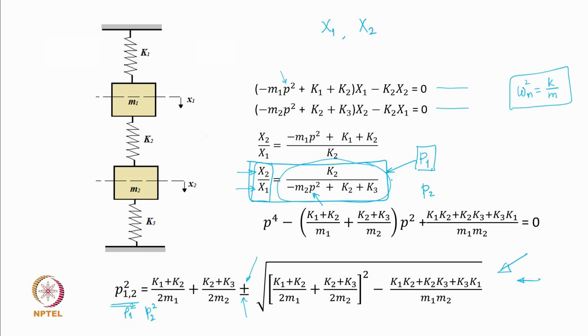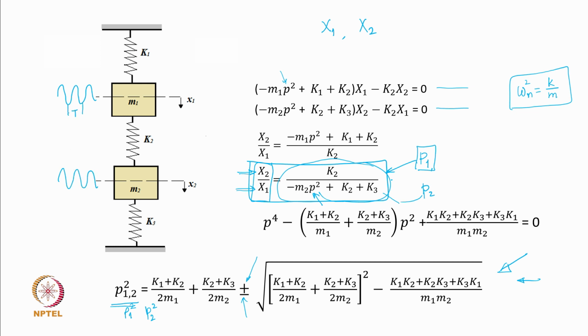If you maintain the amplitude ratio which is given by the value on the right hand side by substituting P2, you will get the motion executed with the frequency of P2. Please make a note: natural frequency P2 or natural frequency P1 means that both of these masses will move harmonically and with the same time period.